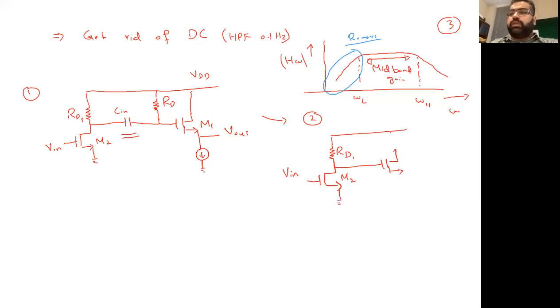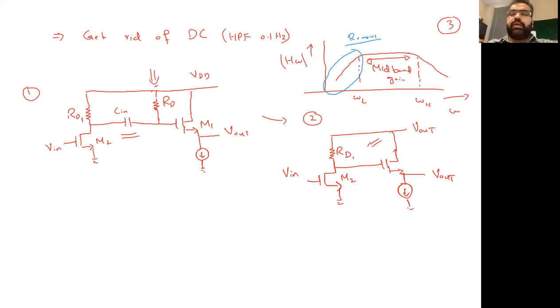This is grounded, this is your Vout, and we directly connect this point here. Here you can see now we don't need a separate RD. Why? Because this RD is setting the bias point.